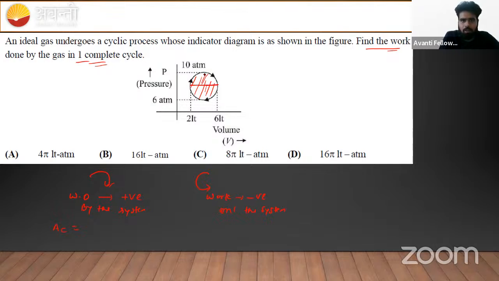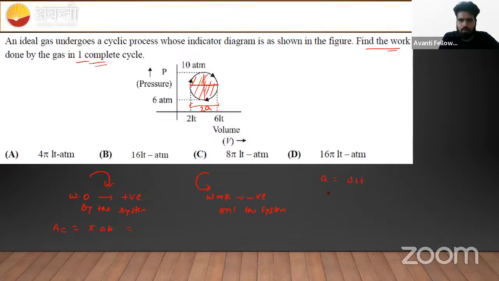This one is the major axis, suppose, and this is the minor axis. Then what is the area, beta? Pi a into b. Write down the formula in this form. Suppose in this case, what is a? If this is our a, this is our 2a, the major axis. What is the value of a here, beta? We can say the value of a is 6 minus 2, that is 3 liter.